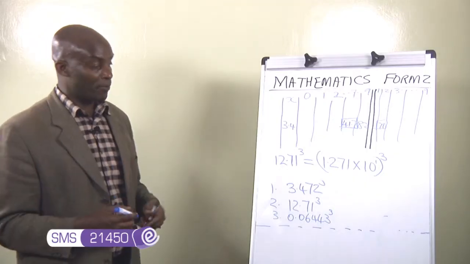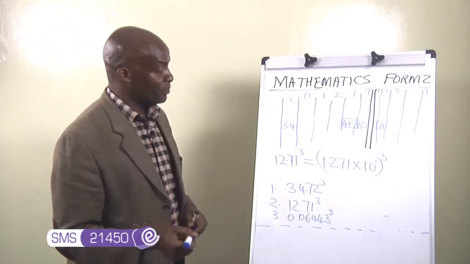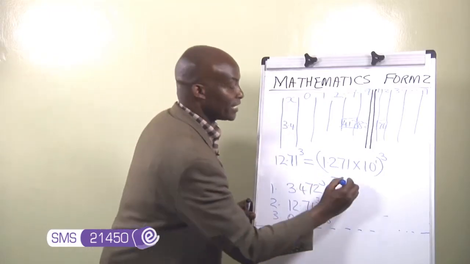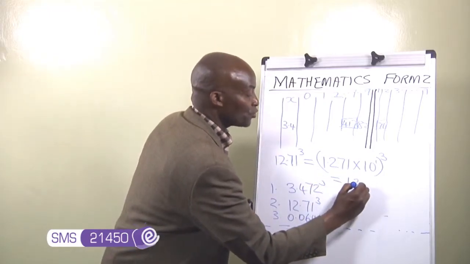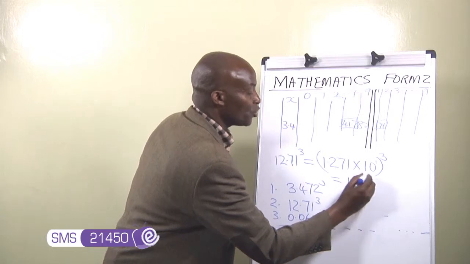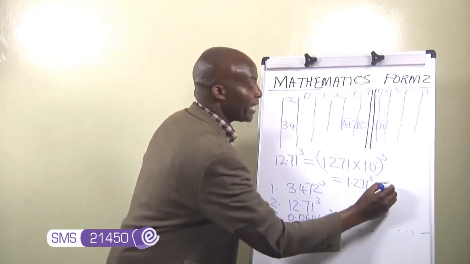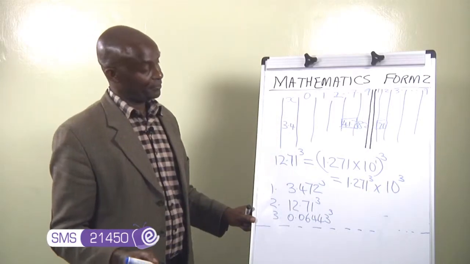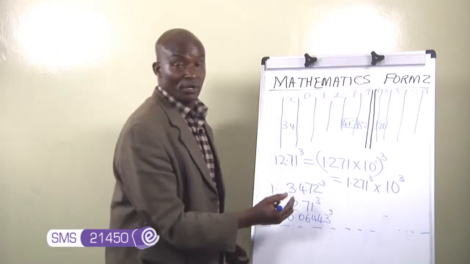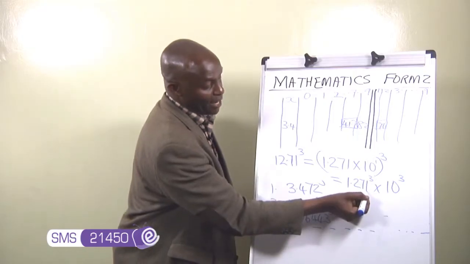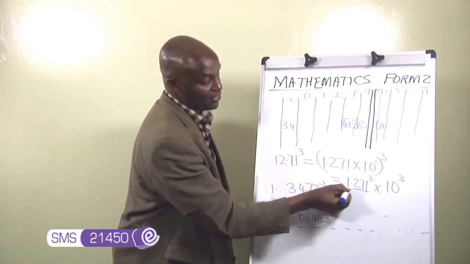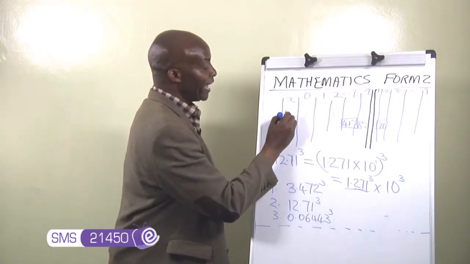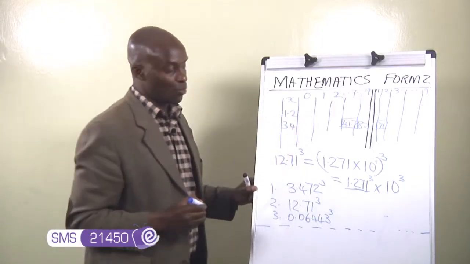Now we follow the same procedure as before, because when you open the bracket, it becomes 1.271 cubed multiplied by 10 cubed. So from the tables we can get this following the same procedure. That means go to column X and find 1.2.